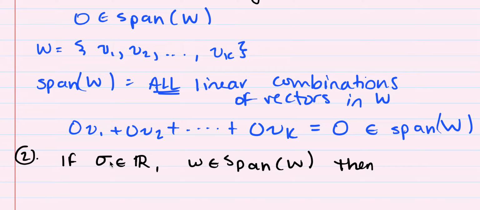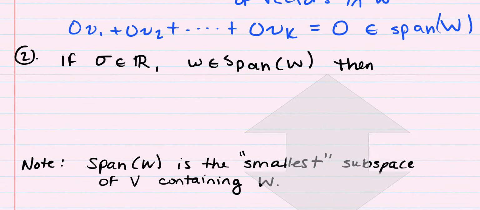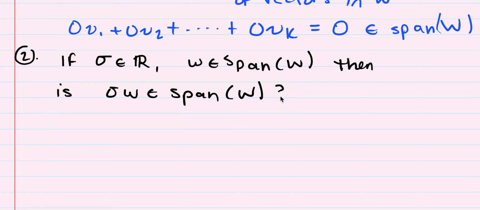So if sigma is a real number and w is in the span of W, so w, we're labeling that as a vector, then we want to show that the span of W is closed under scalar multiplication. So then is sigma times w in the span of W? To show this, we need to see if sigma times w is a linear combination of the vectors in W.